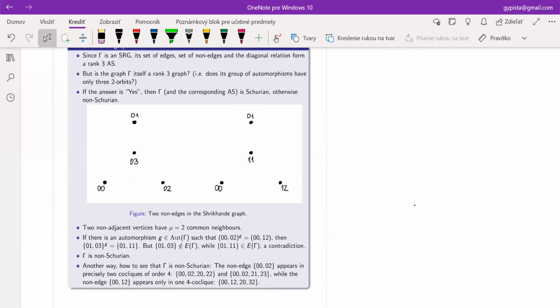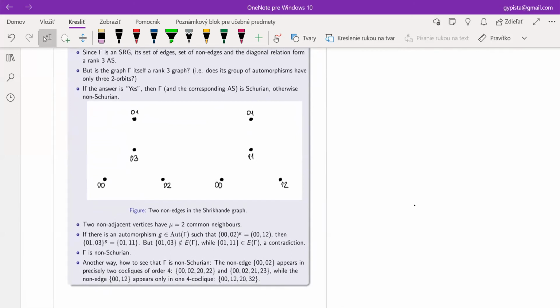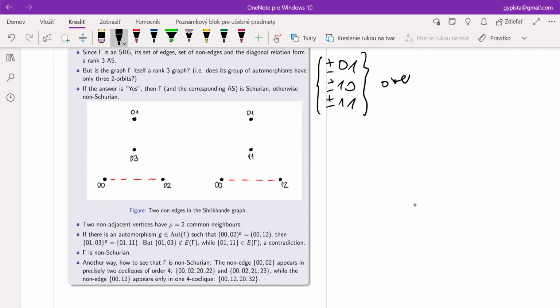So I will show that the set of non-edges is the right one to consider. Let us consider the pair of vertices (0,0), (0,2). Here, between these two, we don't have an edge. Just to recall, I was defining this graph as a Cayley graph with this connection set over Z4 by Z4.